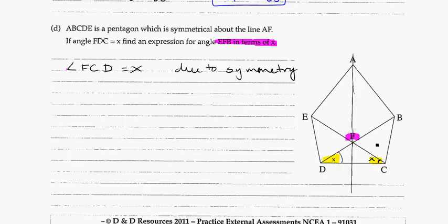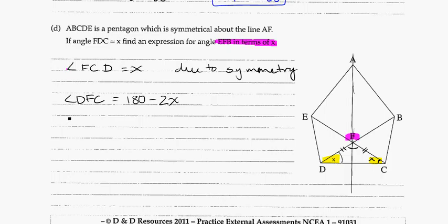And what else do we know then? Using the idea of symmetry, this line here will also be equal to this line here. So what kind of triangle do we have? We have an isosceles triangle right here. So we can solve for angle DFC because we know the base angles of an isosceles triangle are equal, x and x, and all up we need to add to 180 degrees. So 180 degrees minus the base angles, x and x, that's 2x, is going to give us this angle here, DFC.